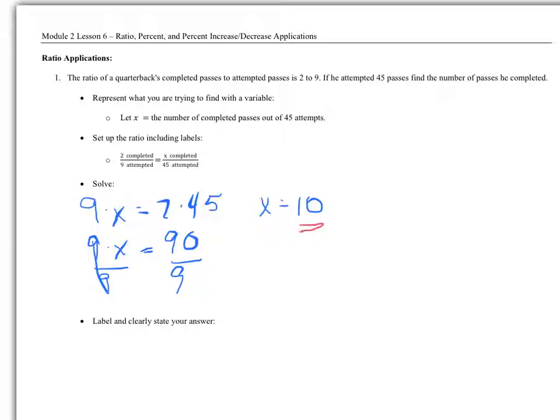So that x equals 10, well, what does that actually mean? That we're looking for, back up at the beginning, the number of completed passes out of 45 attempts. So he completed 10 passes, 10 completed passes.